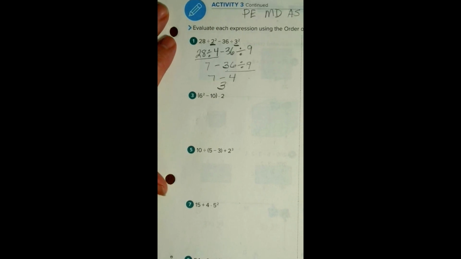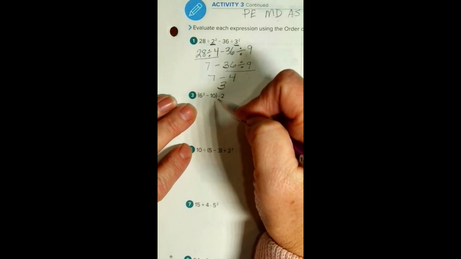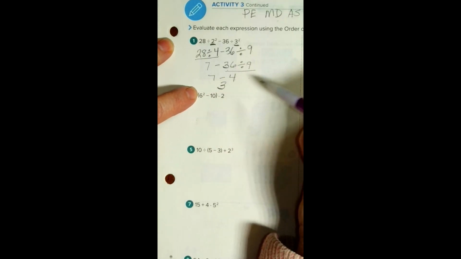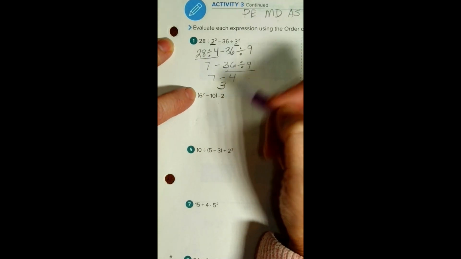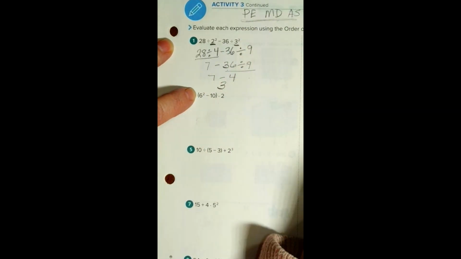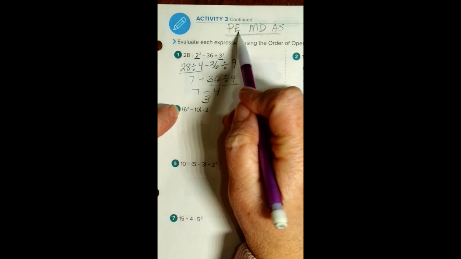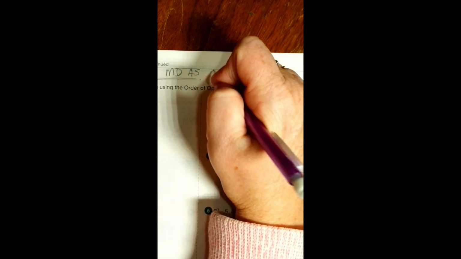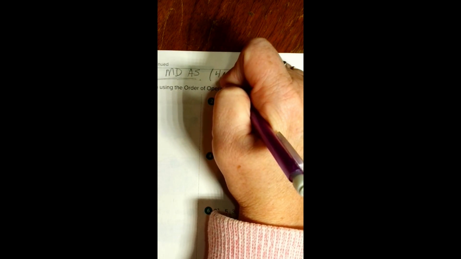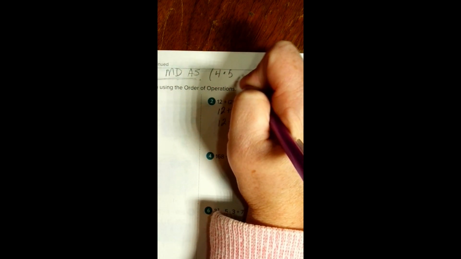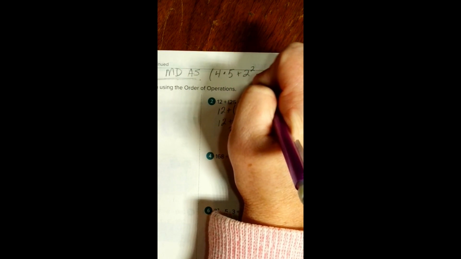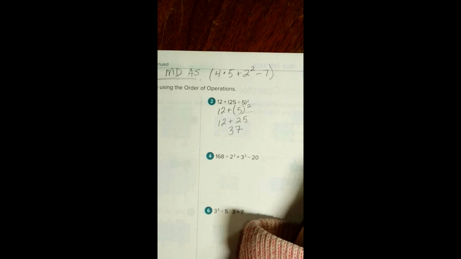Number 3. Within the grouping symbols, we have parentheses and subtraction. So within the grouping symbols, this entire process needs to occur in order. Like for example, we could have 4 times 5 plus 2 squared minus 7.